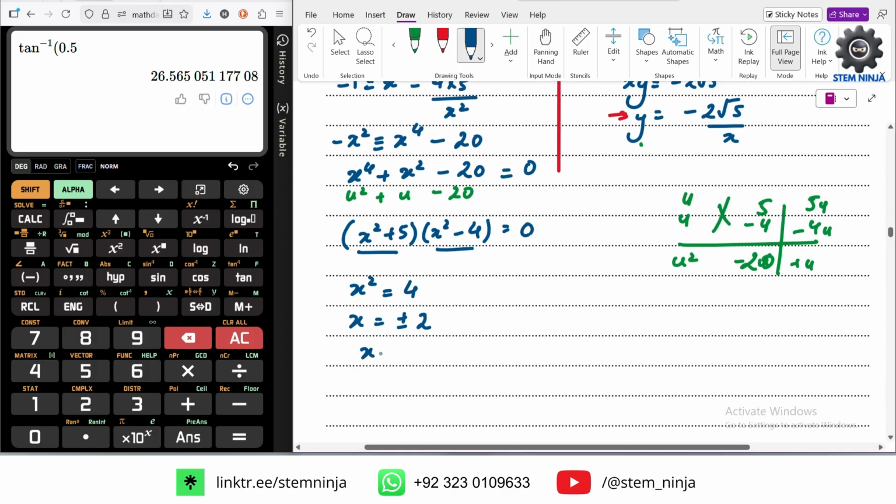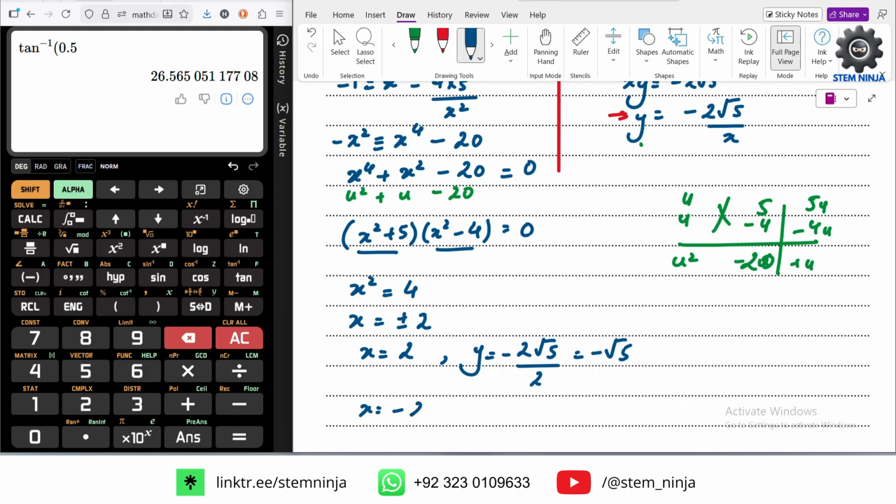So when x is equal to 2, y would be minus 2 root 5 over 2, which would mean that this is minus root 5. When x is equal to minus 2, y would be minus 2 root 5 over negative 2. So this would be just root 5.